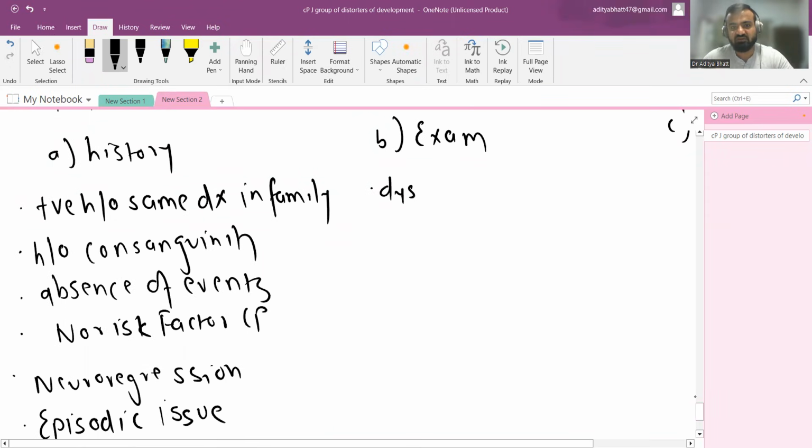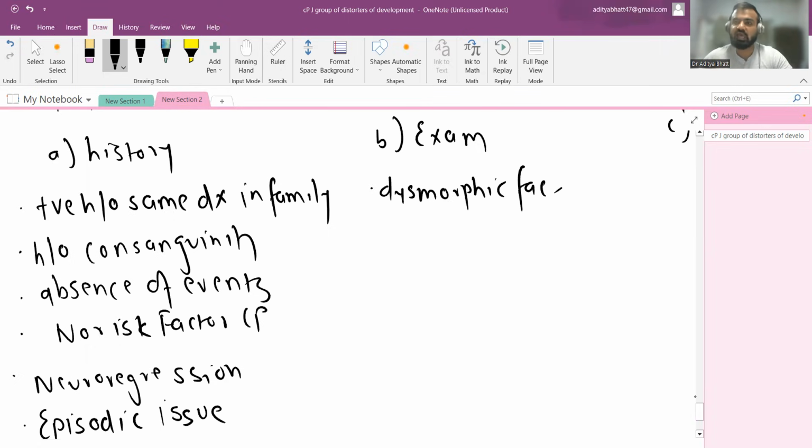Then there is a dysmorphic face. Now this is a double-edged sword. Why? Because a patient has a dysmorphic face, the patient might have some syndrome, and due to that the patient has these issues. But those syndromic patients are also at higher risk of getting CP, and they are at higher risk of suffering from perinatal asphyxia. So when you have a dysmorphic face, after you rule out a syndrome, you have to consider the possibility that this patient has CP.